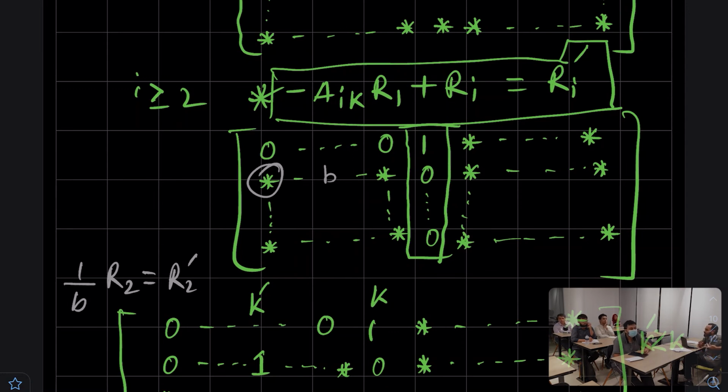So star can be 0 and non-zero as well. So if it is 0, I don't need to consider it, right? So I look for the non-zero entry in the second column, then in the third column, then in the fourth column. So the first non-zero entry is the one that I have to make 1, right? Does that answer your question?